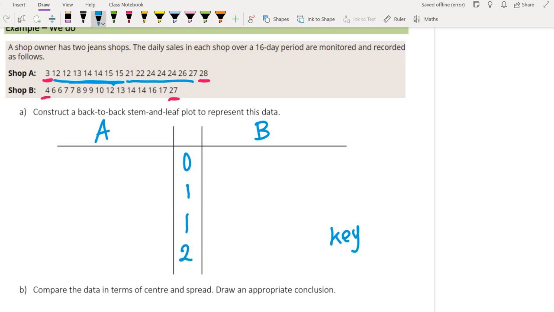So for shop A, we've got 0, 3, and then we got 12, 12, 13, 14, 14s. So you can do 12, 12, 13, 14, 14. I might just leave it there, and for the next one you can write these two.